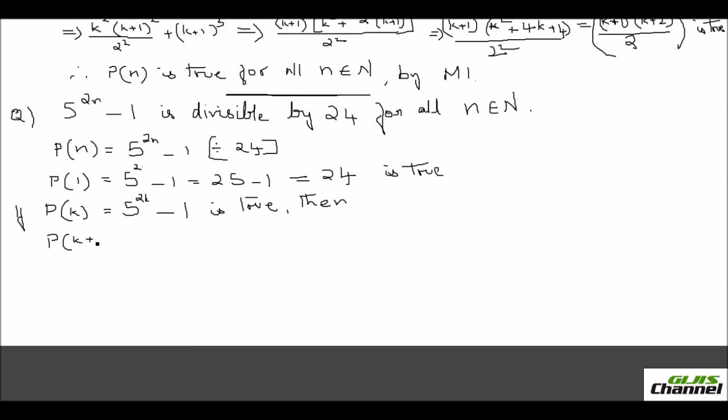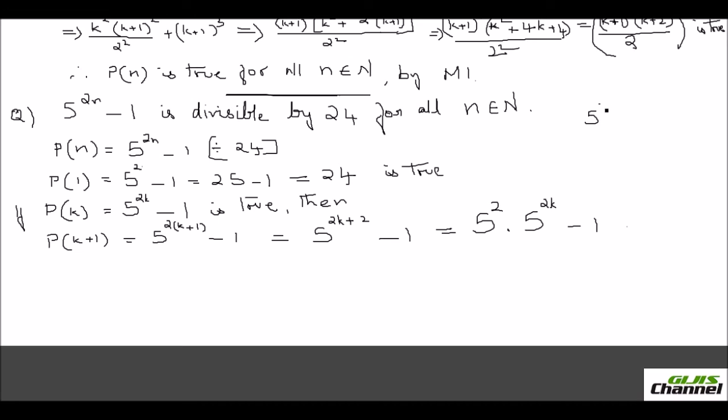P(k+1) is equal to 5 raised to 2 times (k+1) minus 1, in the place of n I put k+1, which is nothing but 5 raised to 2k+2 minus 1, which is equal to 5 squared times 5 raised to 2k, minus 1.